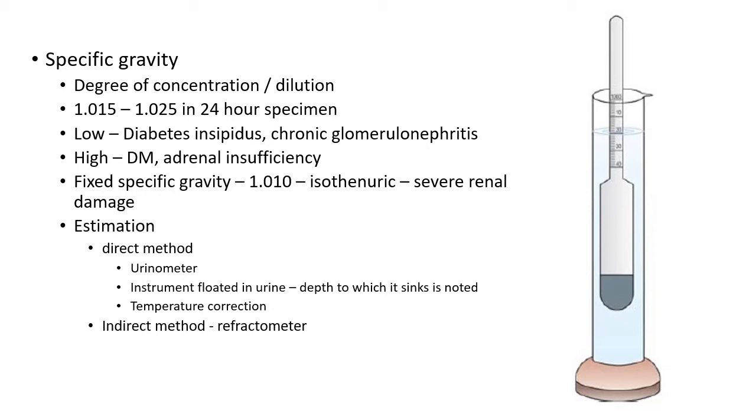There is a change in the specific gravity of 0.001 for each 3 degrees Celsius above or below this calibrated temperature. So 0.001 should be added to the reading for each 3 degrees Celsius above the calibrated temperature, and in the same way 0.001 should be subtracted for each 3 degrees Celsius below the standard temperature. The indirect method uses the refractive index, and it is done with the help of an instrument called a refractometer.